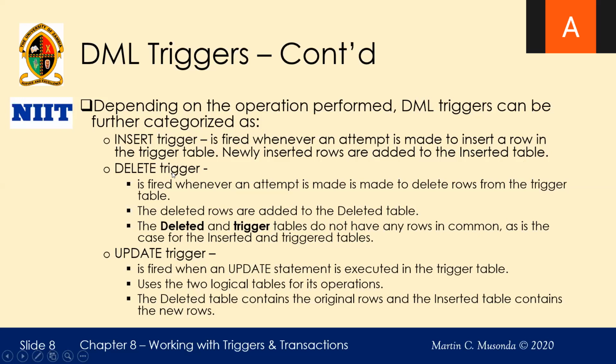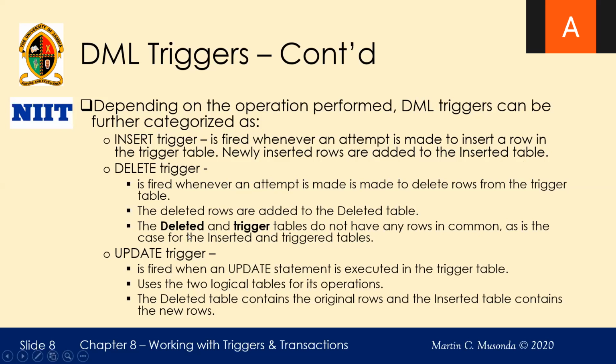Delete trigger is fired whenever an attempt is made to delete rows from the trigger table, that is the table to which a trigger has been assigned. The deleted rows are added to the deleted table.